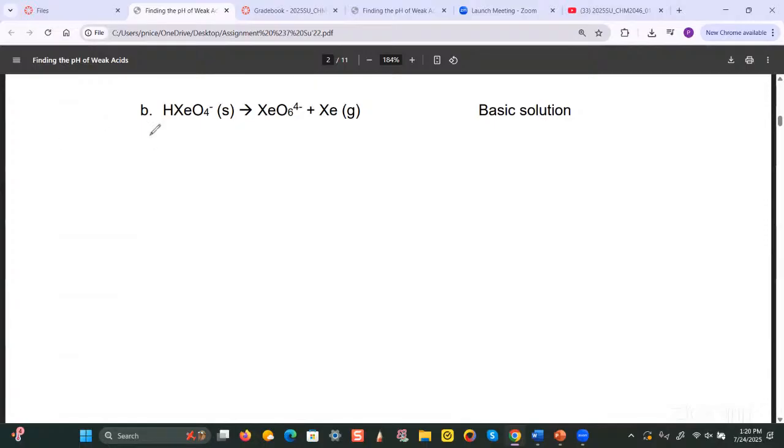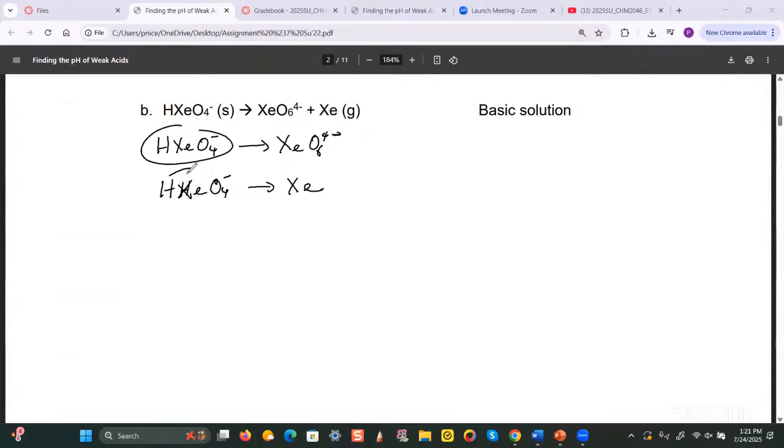You're going to start off with HXeO4 minus, the form XeO6 4 minus, and then you're going to start off with the same reactant, HXeO4 minus, the form Xe. By the way, this should be minus. So basically, you're starting with the same reactant.